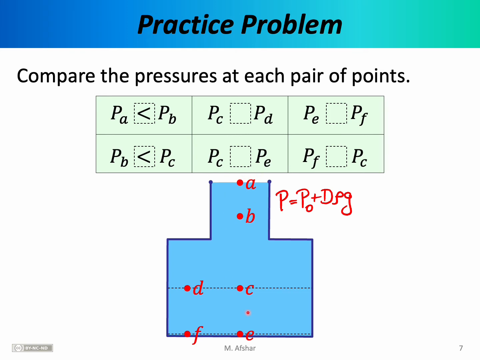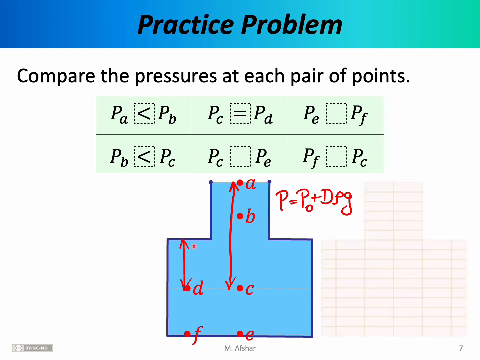In either case, points C and D would have the same y-coordinate, therefore they would have the same depth, and therefore they would have the same pressure. This point is a little bit confusing for some students, in part because you might think that at point C we have to support the weight of a much larger column of water compared to point D.